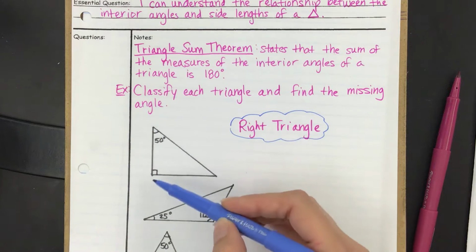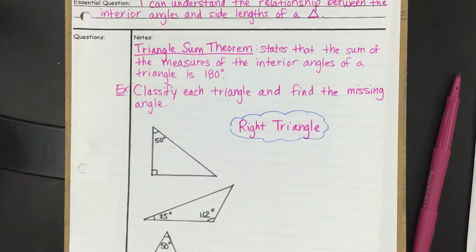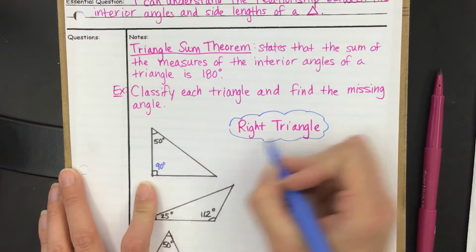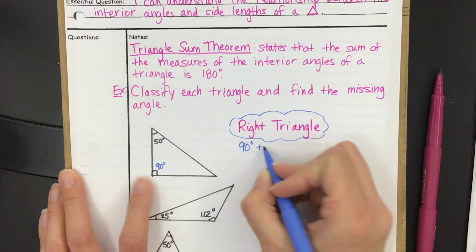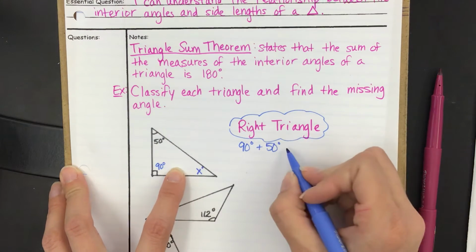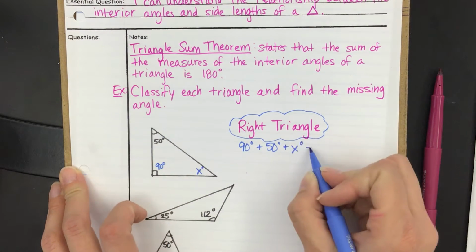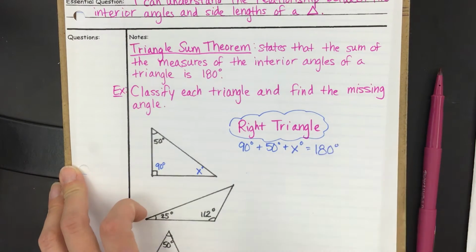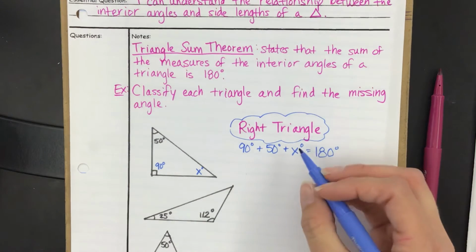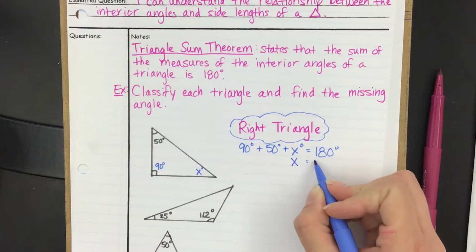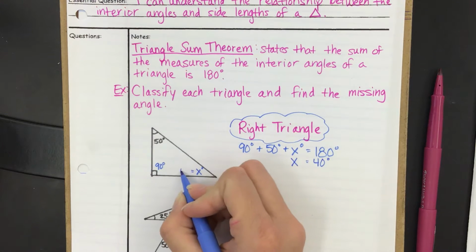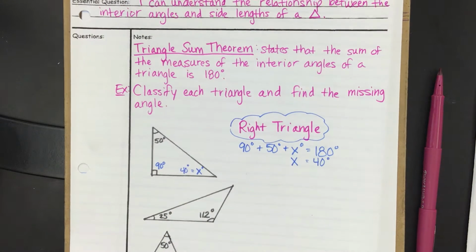Well, all these interior angles of a triangle add up to 180, okay? So you have this angle right here, which is 90 degrees, plus 50 degrees, and then we'll just call this angle X for now until we find out what the measure of this angle is. And it all adds up to 180 degrees, okay? So if we simplify this and solve for X, we're going to find that X is equal to 40 degrees. Makes sense so far, right?